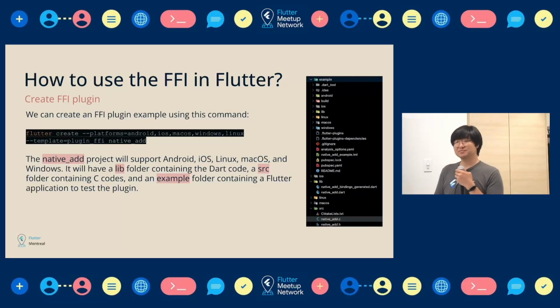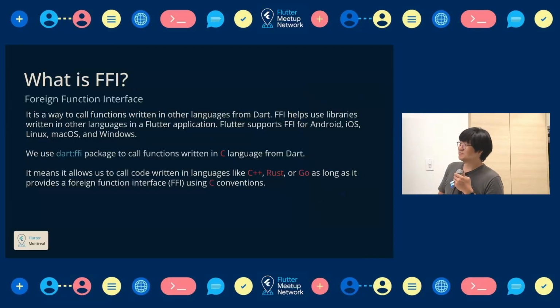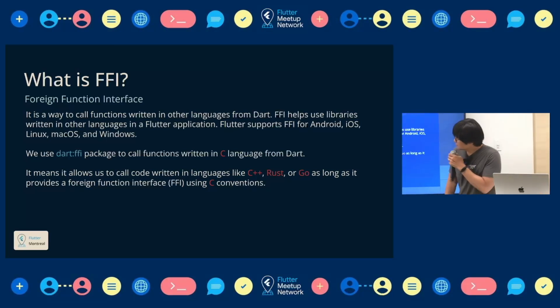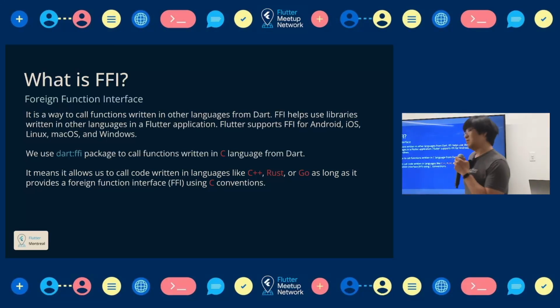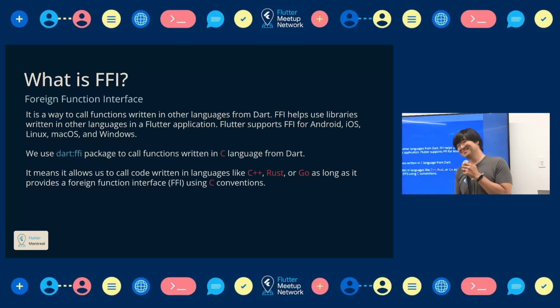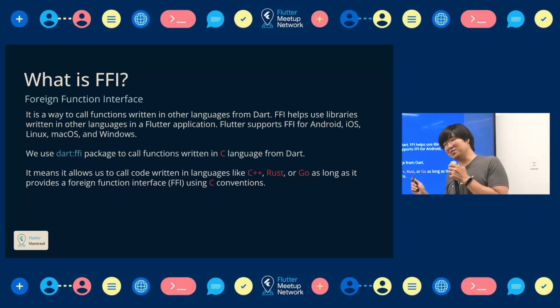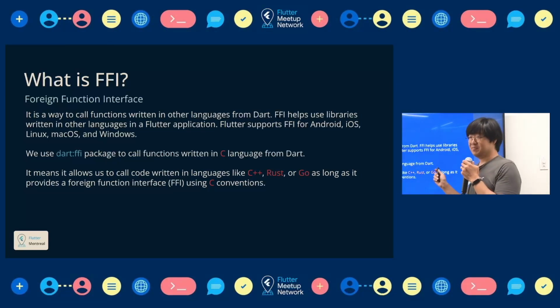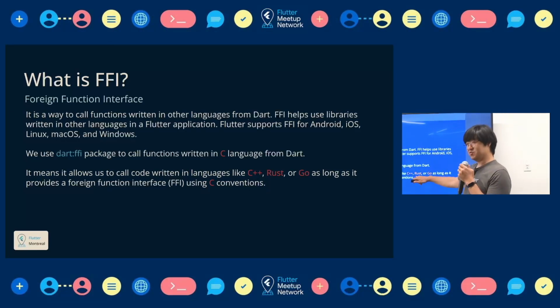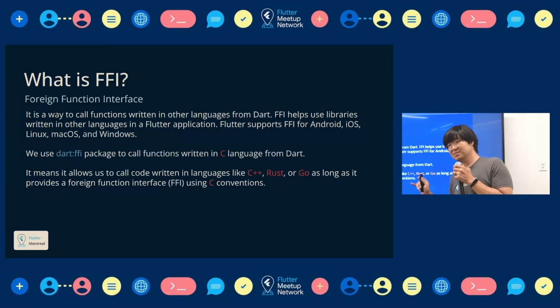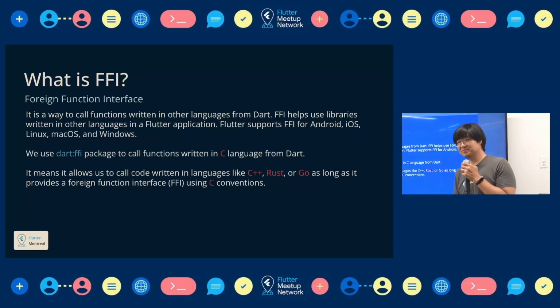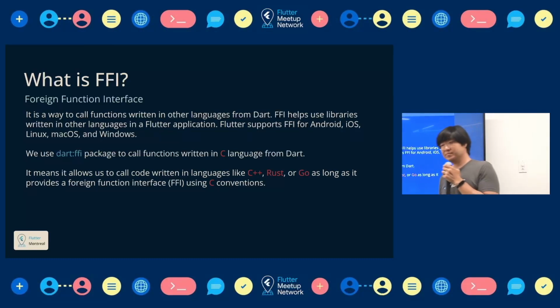What are the restrictions on FFI? Where will this break? Which languages can we not use? Let's say Java. You cannot use it because you cannot compile Java into native. C++ you can compile into native. Rust you can compile into native. Will Solidity work or not? It works.